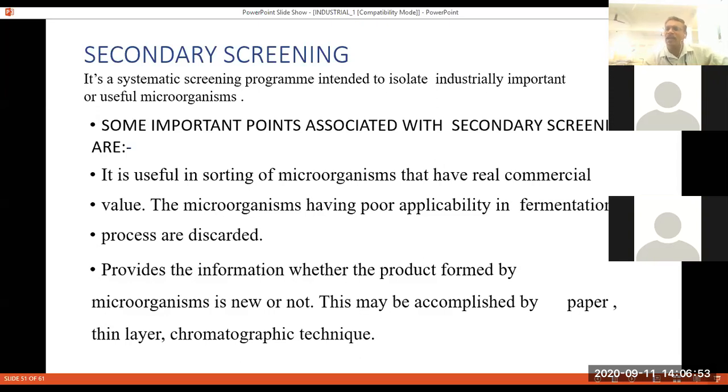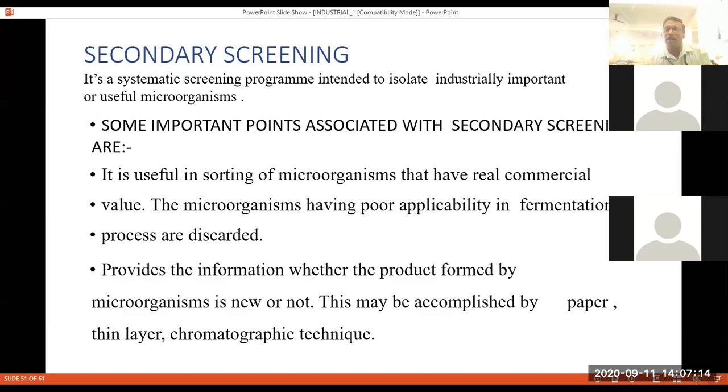They go with the chemical banks, to see whether the structure is already present in certain banks or not. Okay, this is information that comes after the primary screening, which is only possible in the secondary screening mechanism.